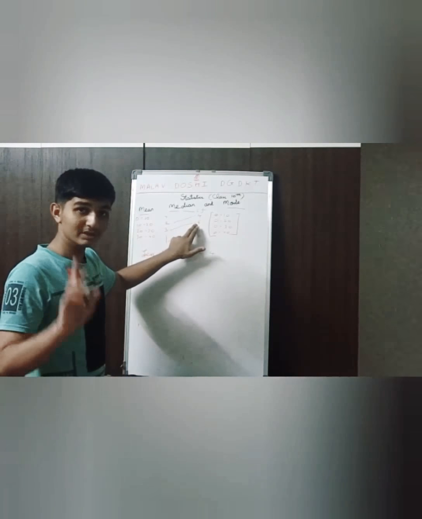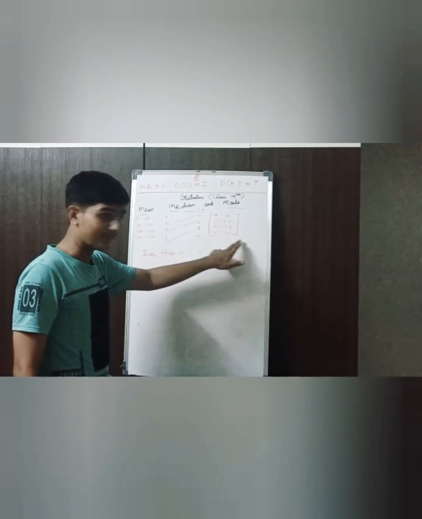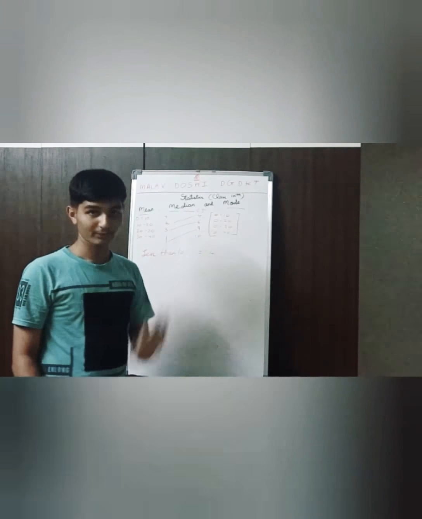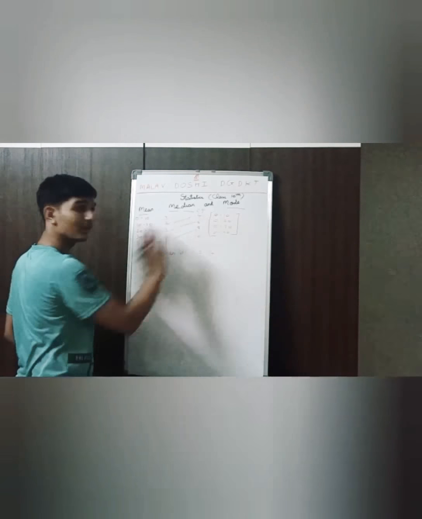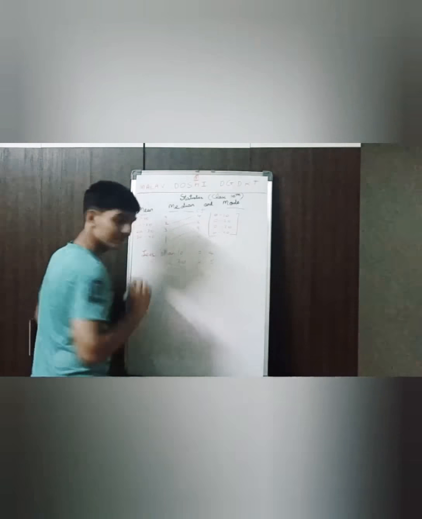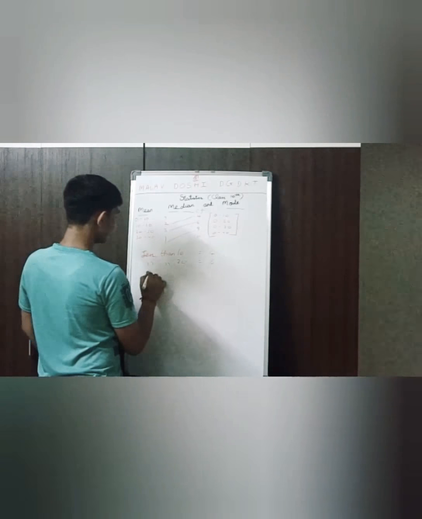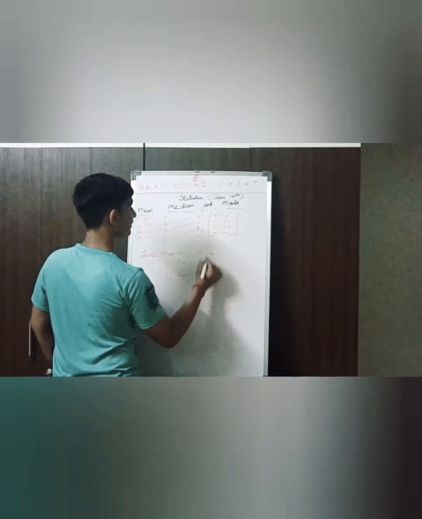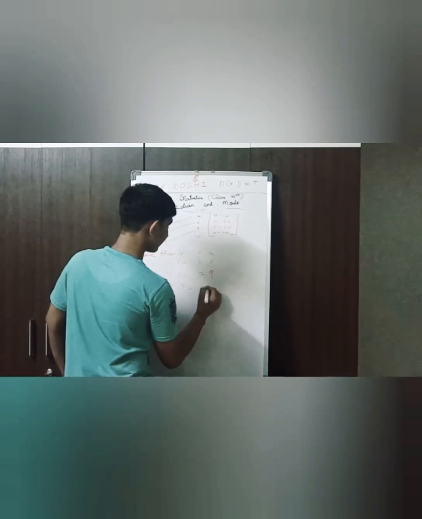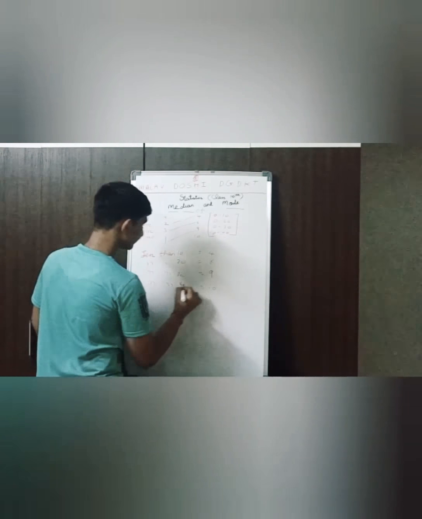This 6 shows the frequency between 0 to 20. This shows the frequency of 0 to 30 and this shows the frequency of 0 to 40. Now here I can write less than 10 has 4 values, less than 20 has 6 values, less than 30 has frequency 9, and less than 40 has 10.